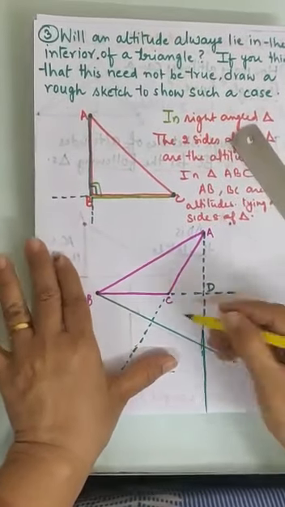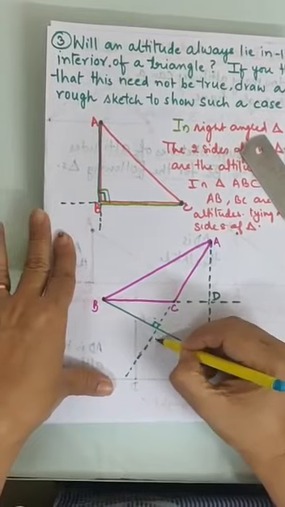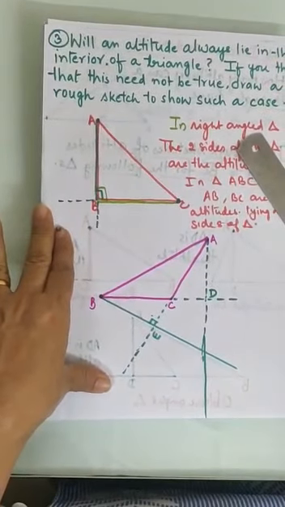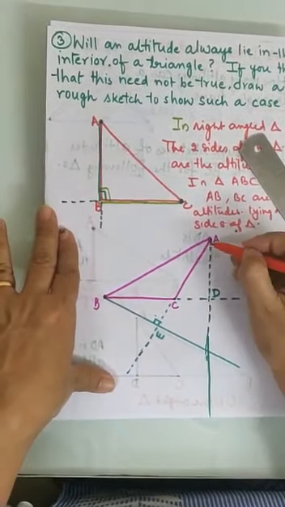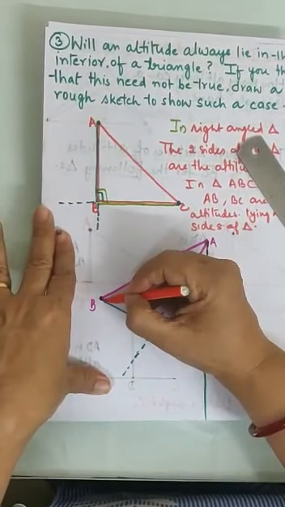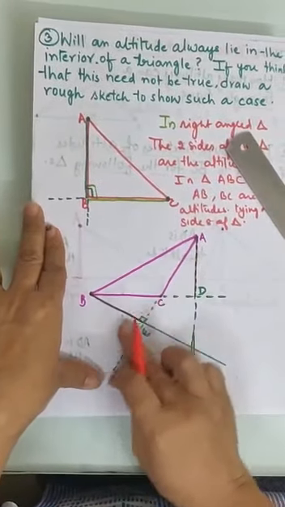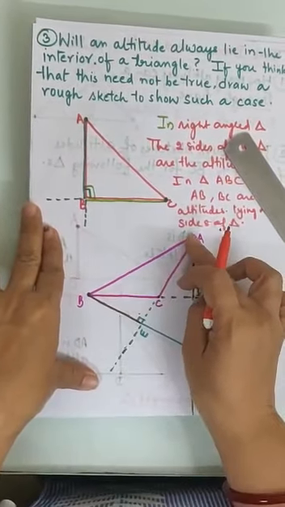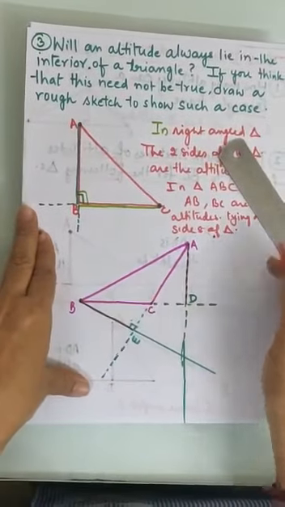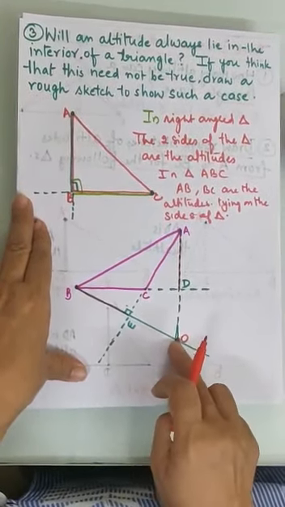Okay, see, this is 90 degree. Let this point be E. Now you see that altitude AD and altitude BE, they both lie in the exterior of the obtuse angle triangle ABC, and the point of intersection O, orthocenter, that also lies in the exterior.